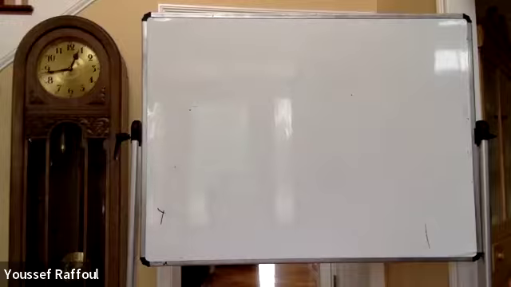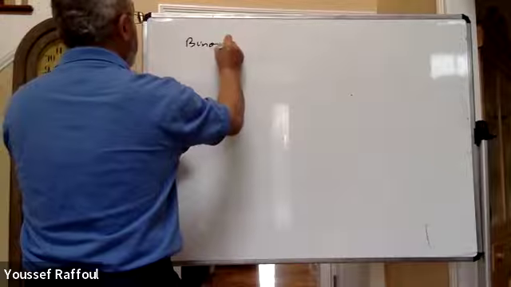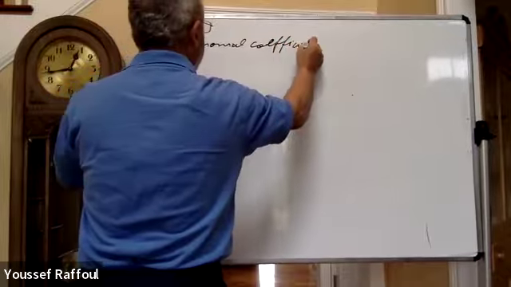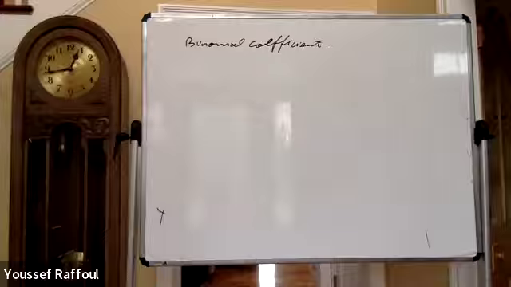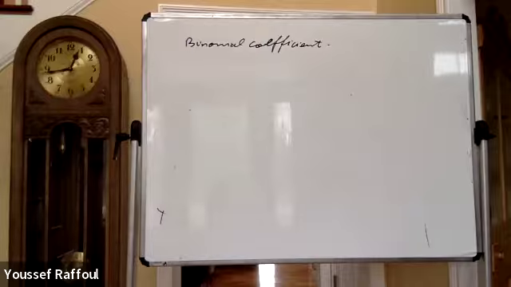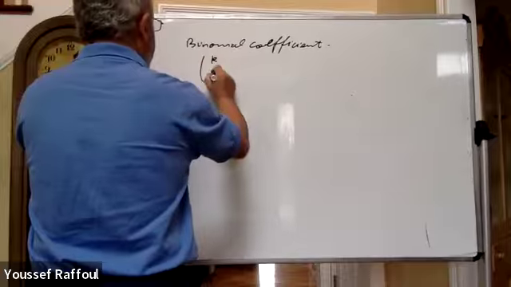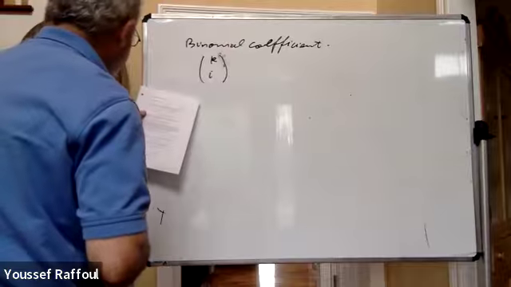Recall the binomial coefficient is denoted by k i, and it's like this.